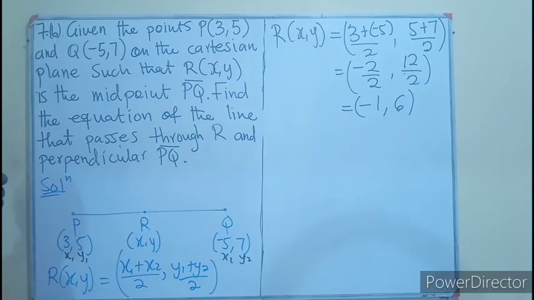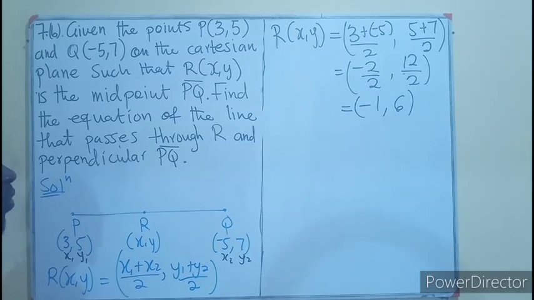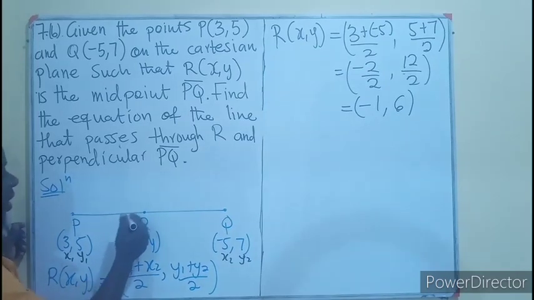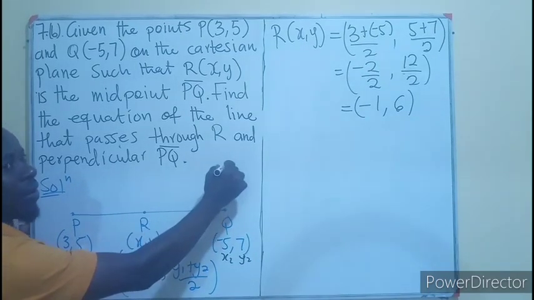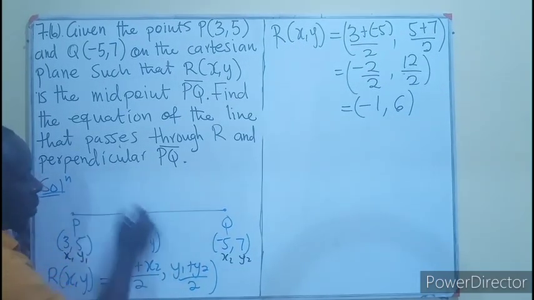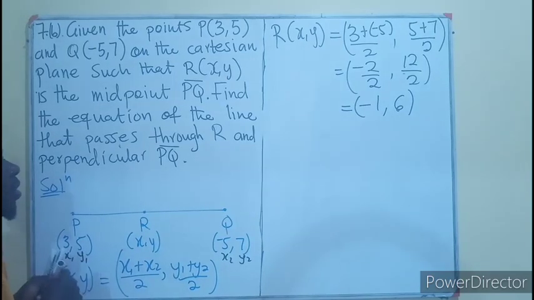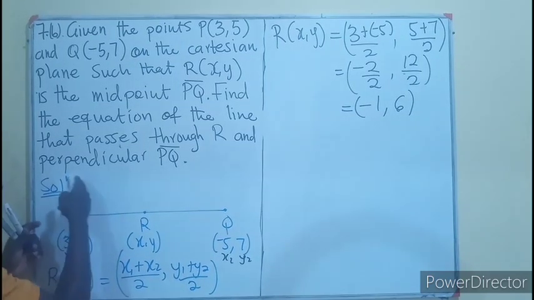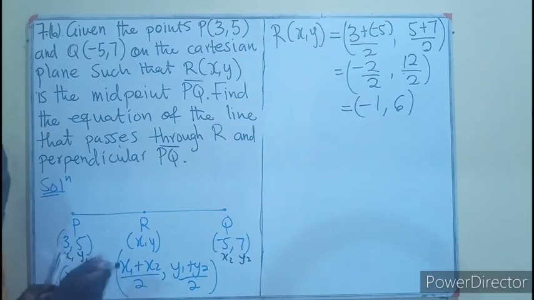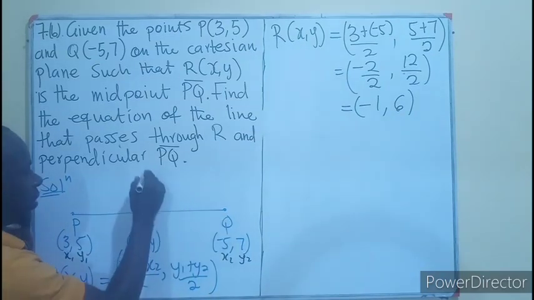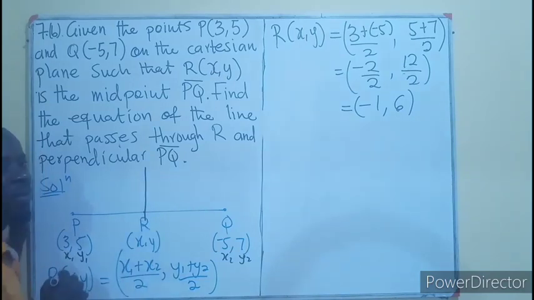So we have found the coordinate. But the question is not asking for the coordinate, though we need it. We are looking for the equation of a line passing through R. It could pass here, it could pass here, but they say the line is perpendicular to PQ. So it means the line is passing through this place.